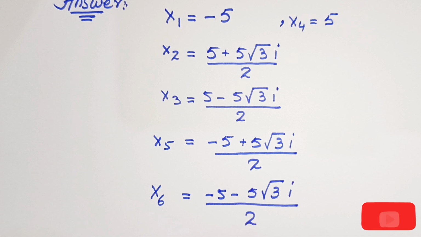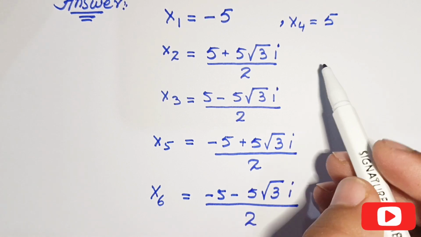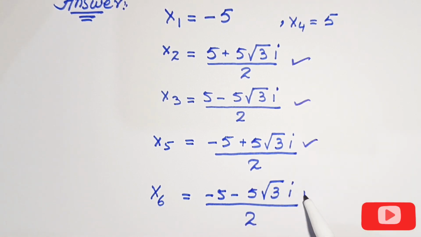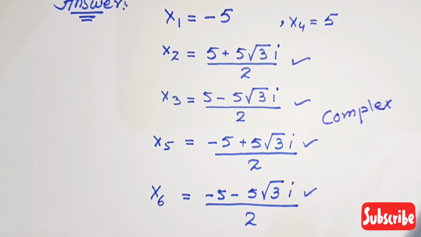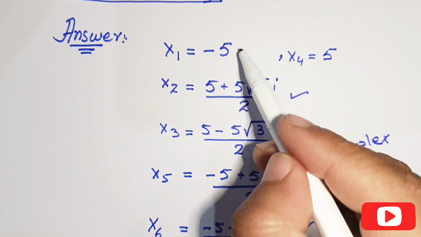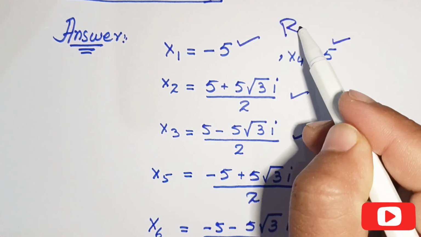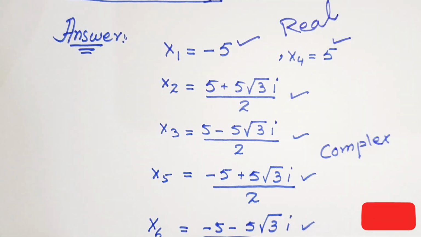So here we see that four of these solutions are complex, and x1 and x4 are our real solutions. So it is our final answer.